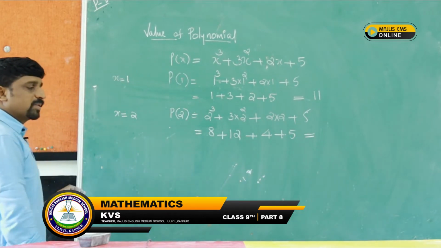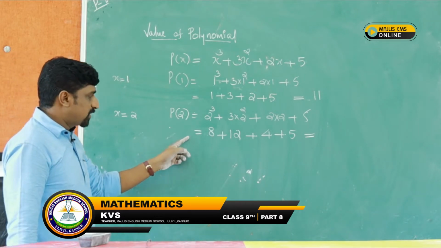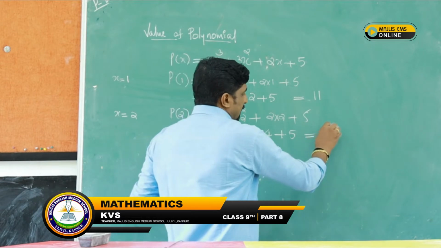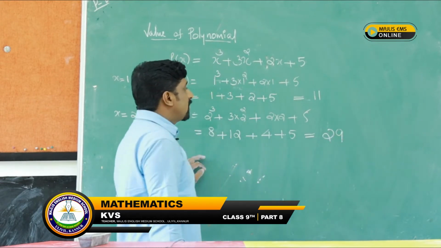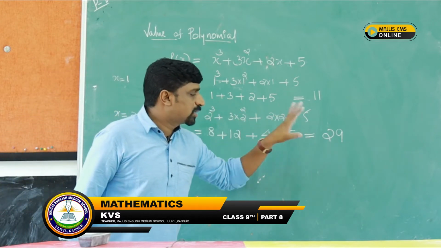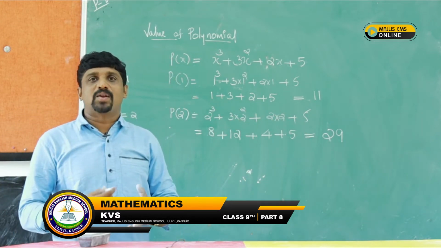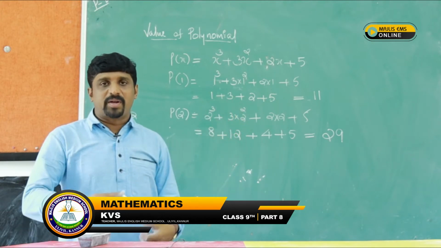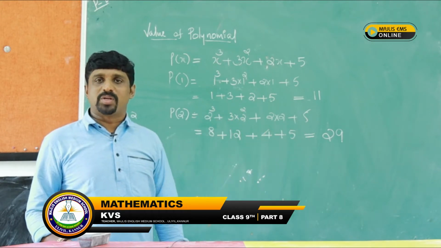After addition, 8 plus 12 plus 4 plus 5 is 29. Therefore, the value of this polynomial when x is equal to 2 is 29. When we substitute x equal to 1, we get 11. When we take x equal to 2, we get 29.